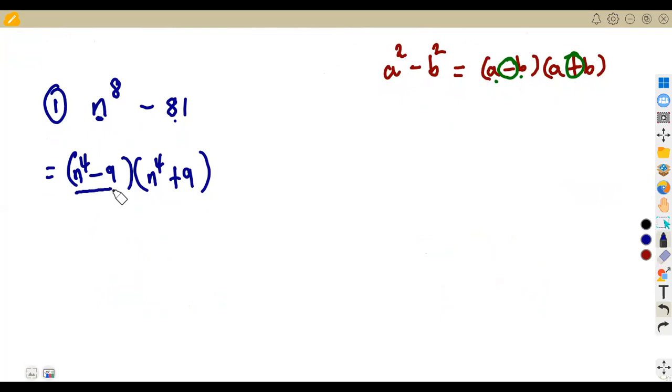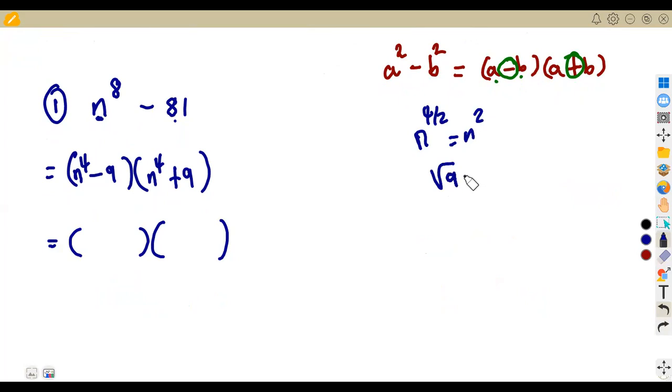All right, so from this difference of 2 squares, we are going to have 2 brackets. We have to consider the square root of n to the exponent of 4. So that is n to the exponent of 4 over 2, which is n squared. The square root of 9 is plus or minus 3. So the square root of n to the exponent of 4 is n squared, and we are going to also have n squared here.